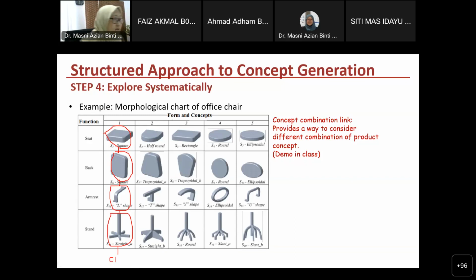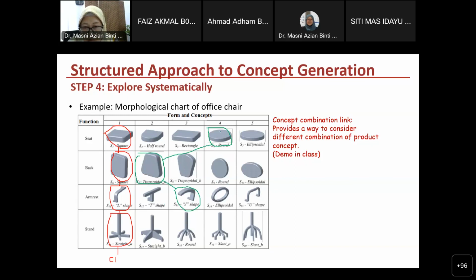The second one, let's say in the second combination you want to use round seats, and then you want to combine it with a trapezoidal shape of backrest. It connects here. And then the third one, you want everything to be a bit curvy, so you take the J shape concept.